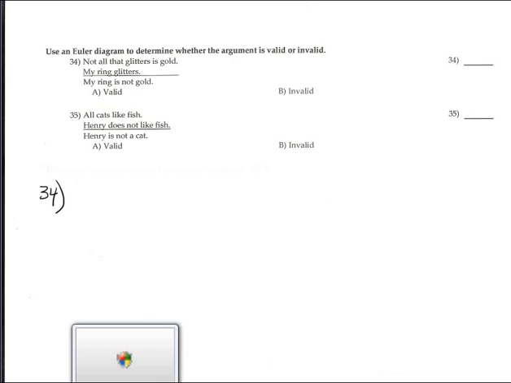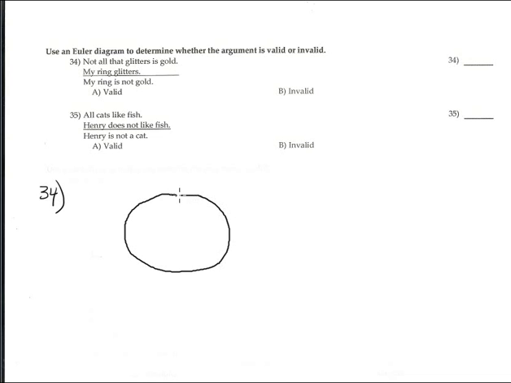Okay, 34 is using Euler diagram to determine whether the argument is valid or invalid. The first premise is: not all the glitter is gold. Not all is synonymous to say some. So when it's some, the Euler diagram looks like that.